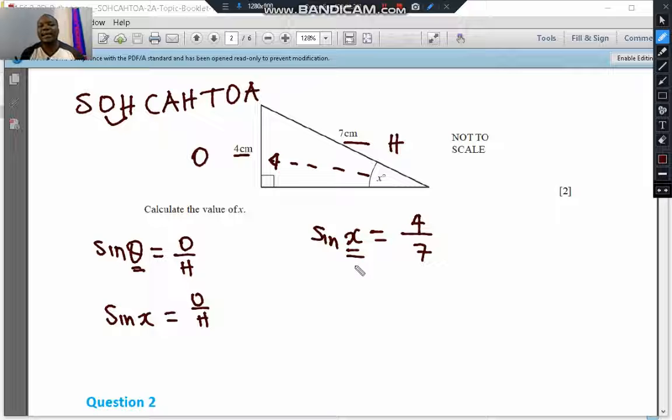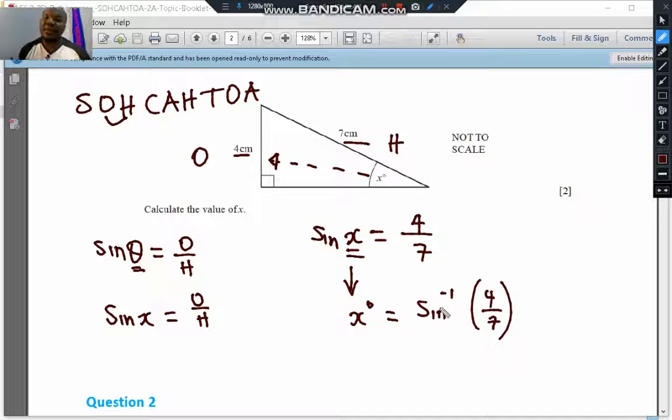Now to do that, you need to say x, which is going to be the angle in this case, would be equal to sine inverse of 4 over 7. Now someone might want to know, how do we find the sine inverse here? On your calculator, you are going to go where it says shift or the second function. So on top here, top left corner, there is what says shift on most of the calculators.